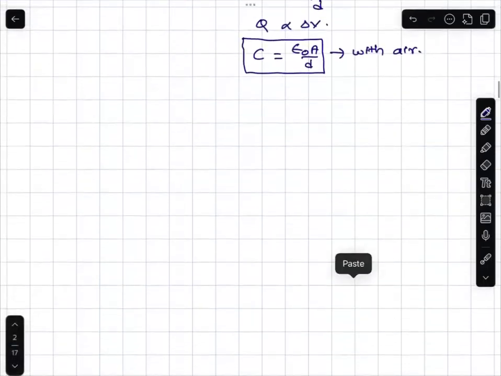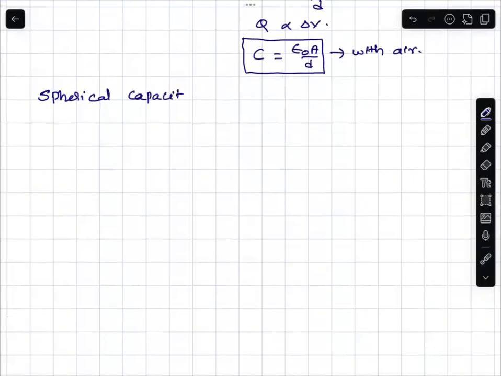Now, spherical capacitor. You have a spherical capacitor like this. Try to please understand.